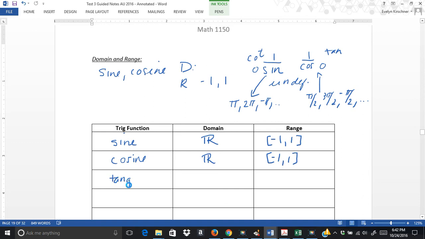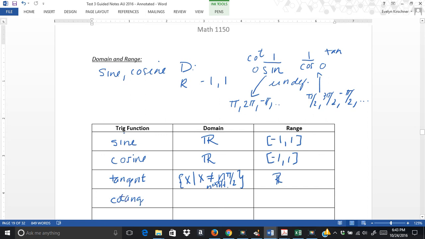Tangent has a domain of x such that x doesn't equal n times pi over 2, where n is any integer. Actually, it's any odd integer, because if it was even, then it would be 2 pi over 2, which would be pi, and it is defined there. Its range is all the reals. Okay, cotangent, we'll do that next.